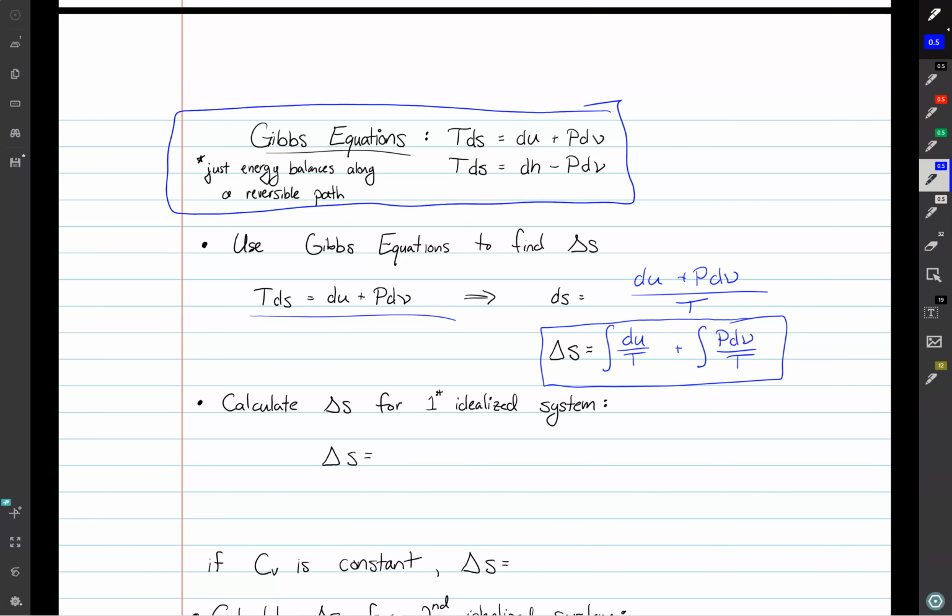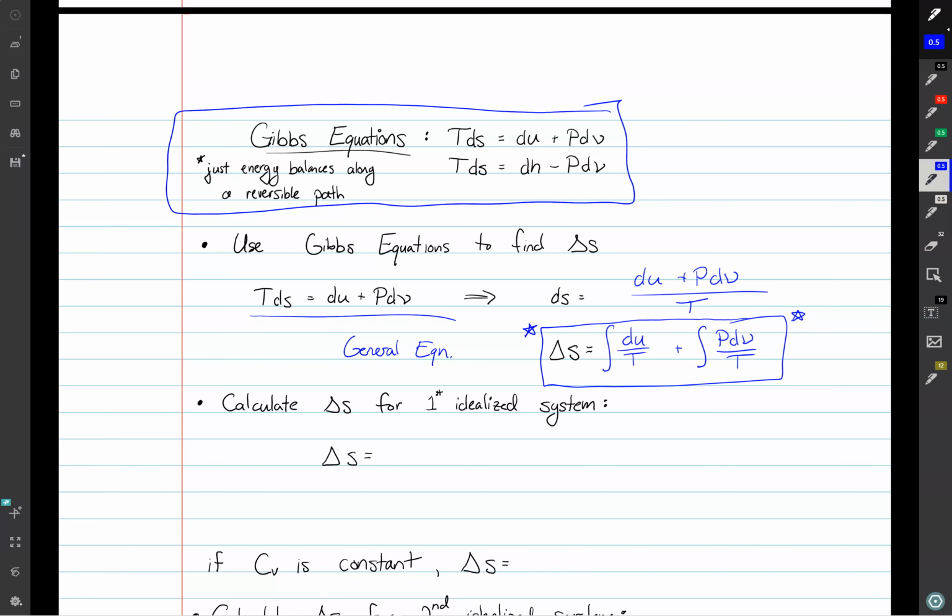This equation that I have boxed and starred is the general equation, the always true equation. These next couple are going to be true in specific cases.